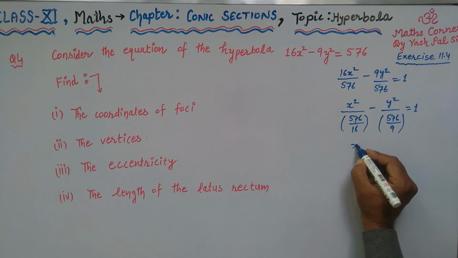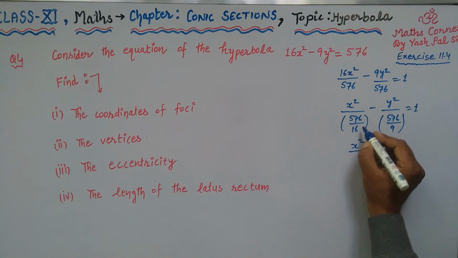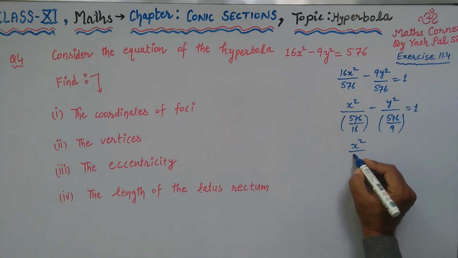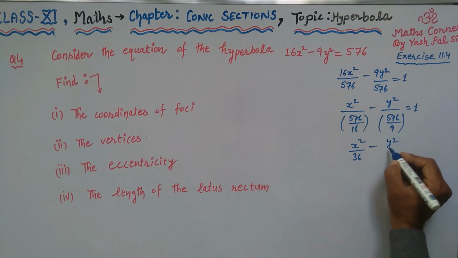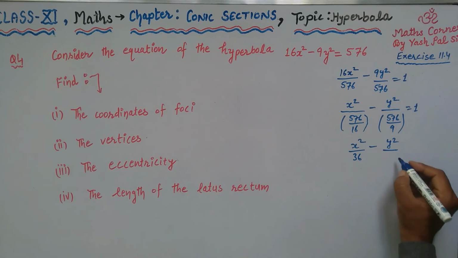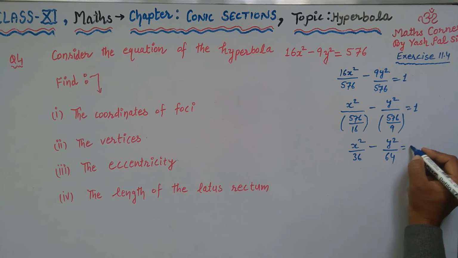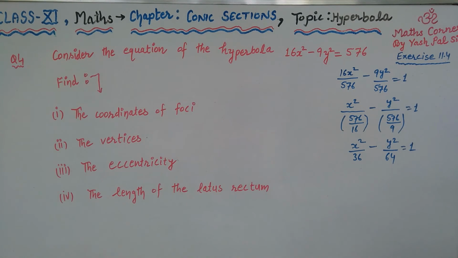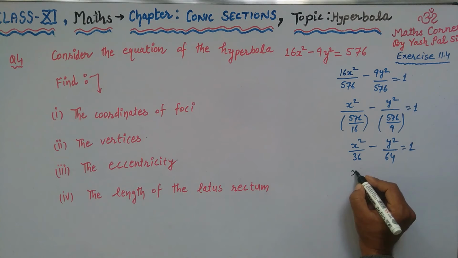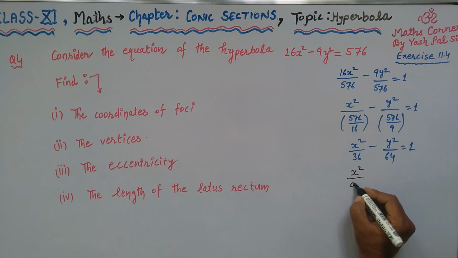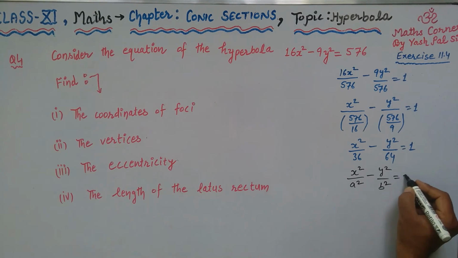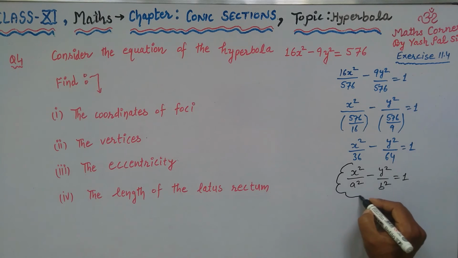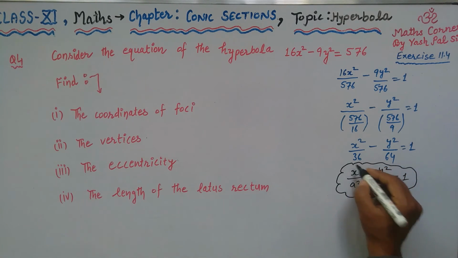So this is equal to x square upon 36 minus y square upon 64 is equal to 1, right? Now we are going to compare this equation with the standard form of the hyperbola x square upon a square minus y square upon b square is equal to 1. Okay, so this is the standard form of the hyperbola in this question.